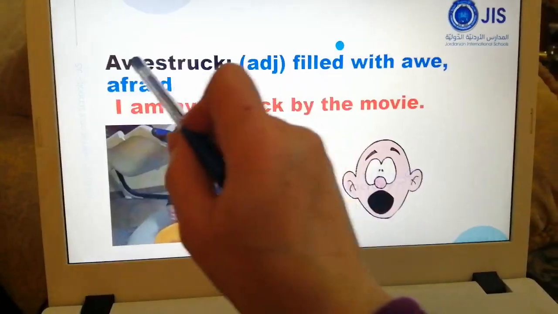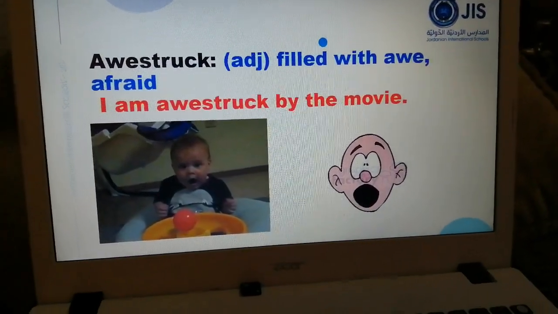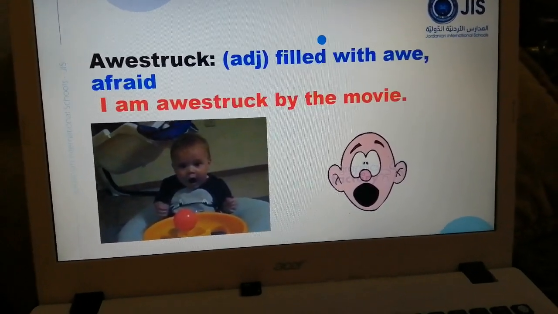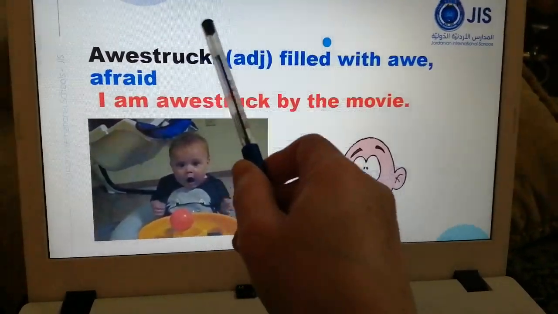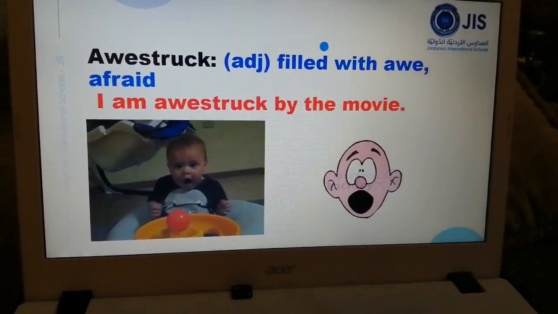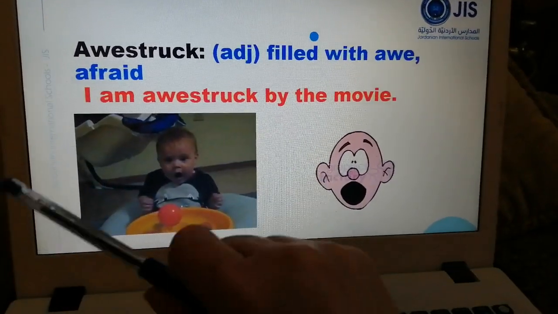Awestruck. Awe with struck, which means like that someone hit you with awe, and awe means afraid or surprised or shocked. So awestruck, it's a closed compound word and it is an adjective. We use it to describe someone that he's awestruck and it means filled with awe or afraid.